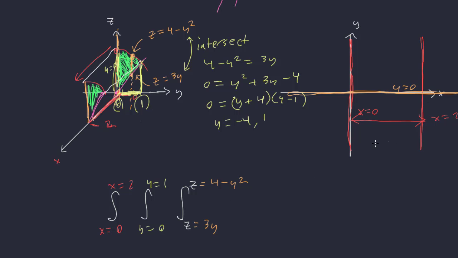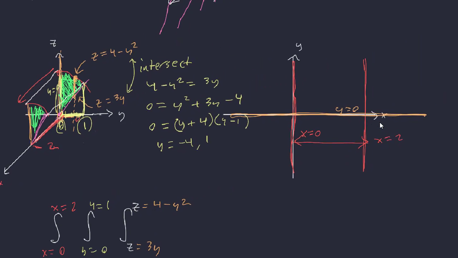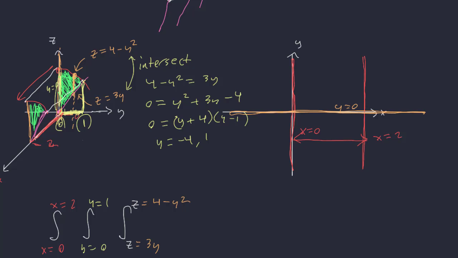Okay, now if we go back here on the xy plane and graph the y we just found here, the y equals 1, that would be right here. Okay, what this has given us is a rectangle which will cover everything, right?